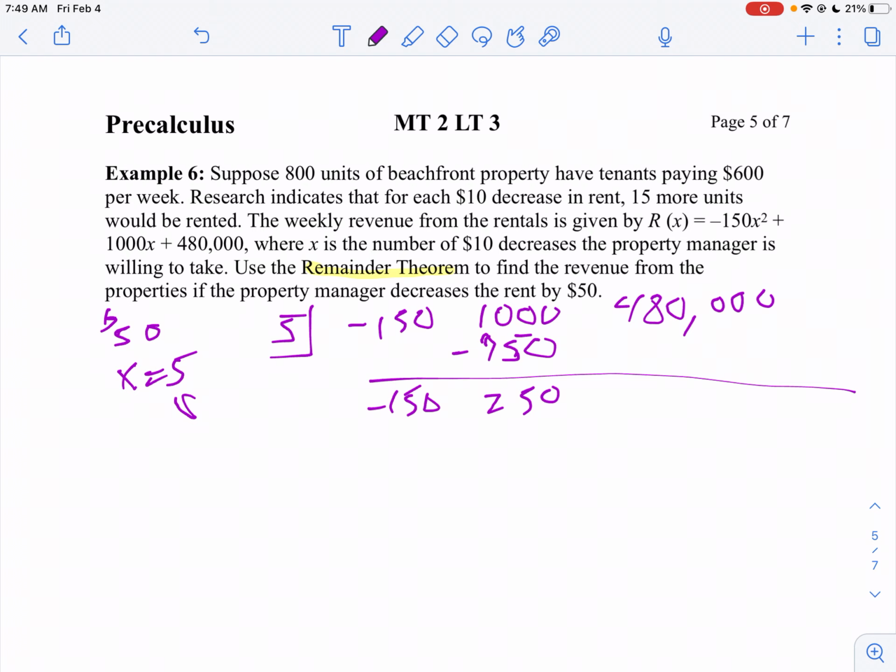Now if I take 250 times 5, that's going to give me 1,250, won't it? And then I'll add that, so I'll get 481,250.